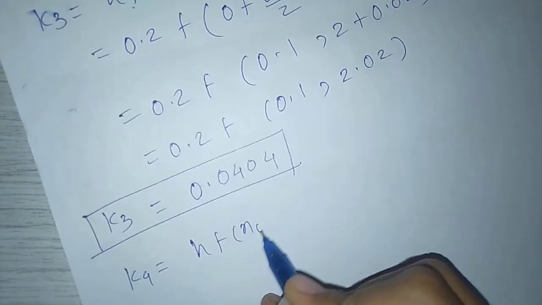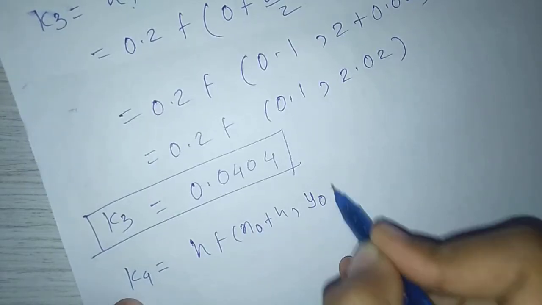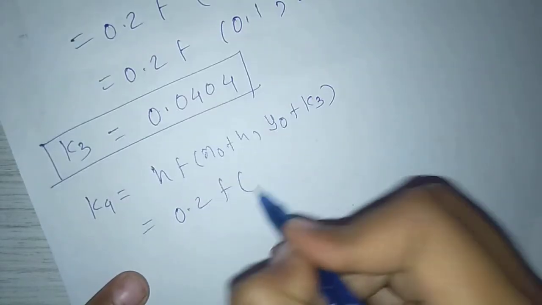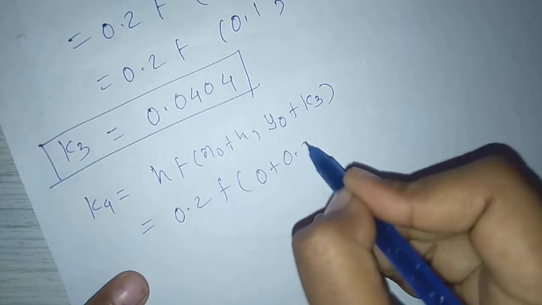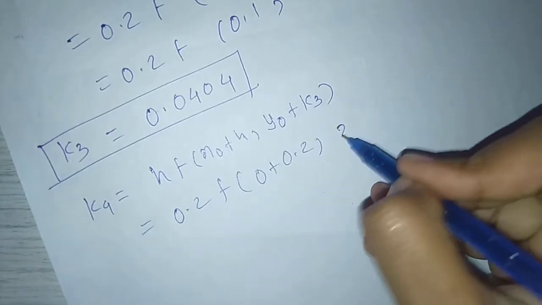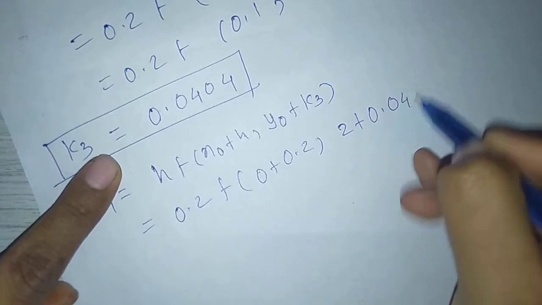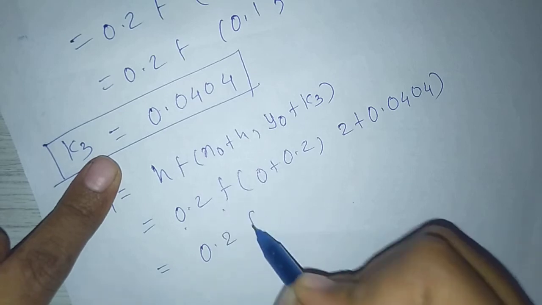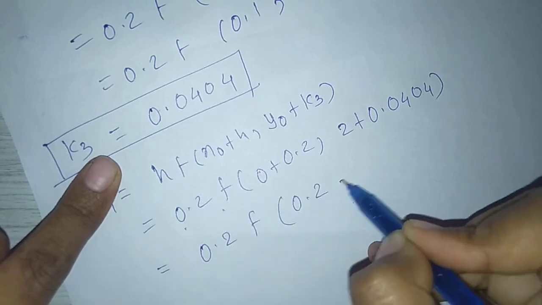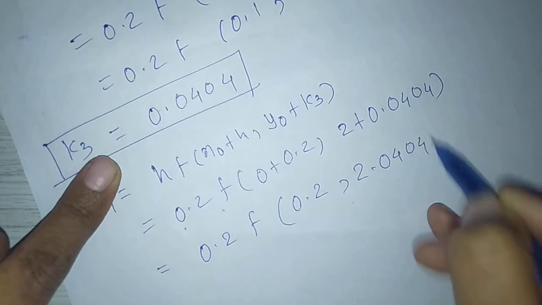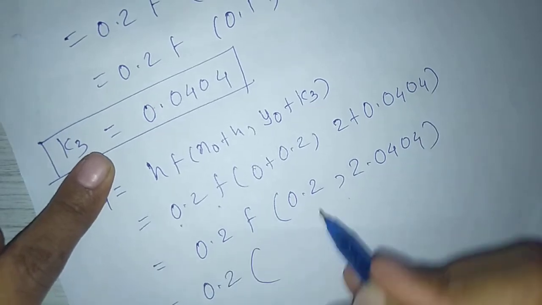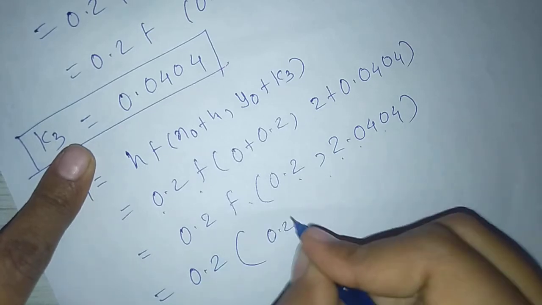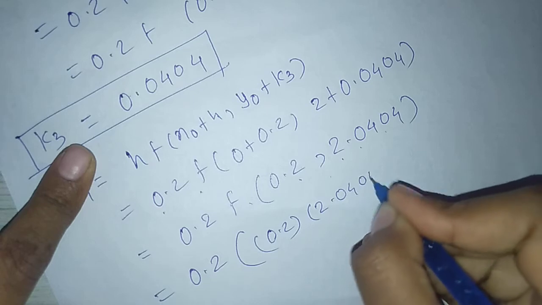Now to find k4, k4 equal to h f of x naught plus h, y naught plus k3, equal to h is 0.2, f of x naught is 0 plus h is 0.2, y naught is 2 plus k3 is 0.0404, equal to 0.2 into f of 0.2, 2.0404, which is 0.2 into 0.2 into 2.0404.